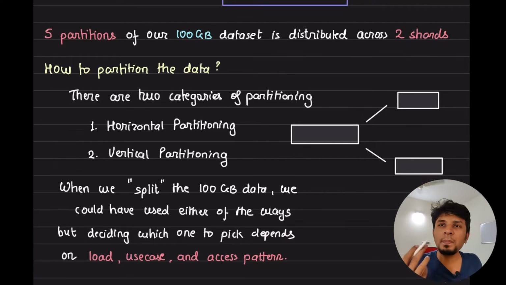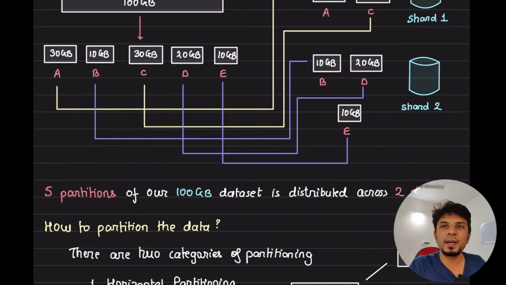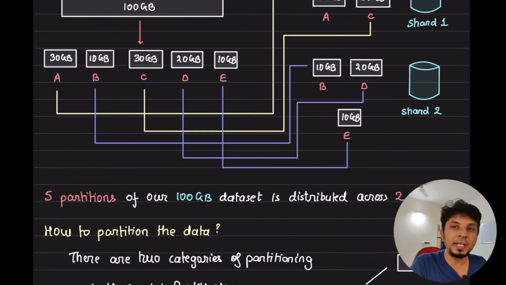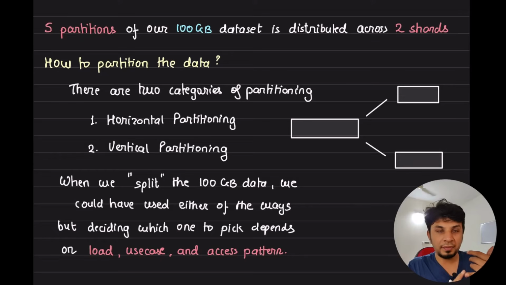But how do we partition? When we talk about just splitting 100 GB into 5 partitions, this logic cannot be random. There has to be a deterministic way of doing it, and it totally depends on the load you have, the use case you have, and the access pattern you have. You cannot just randomly decide how to partition the data.